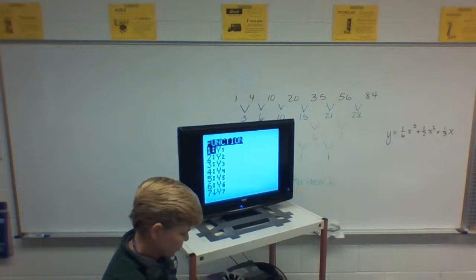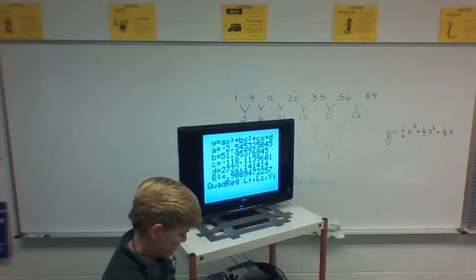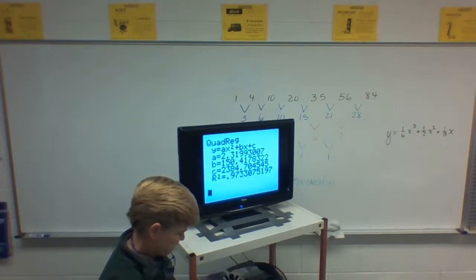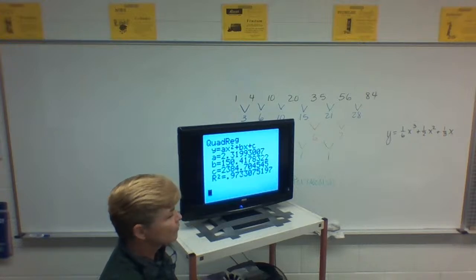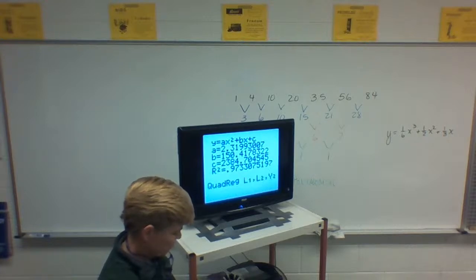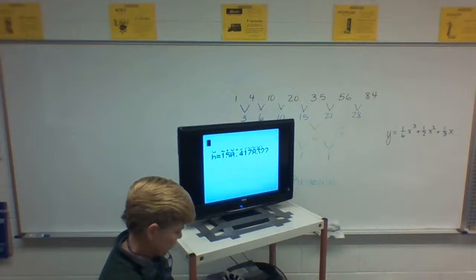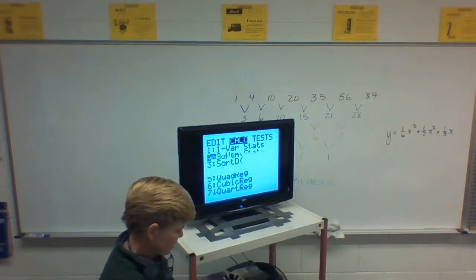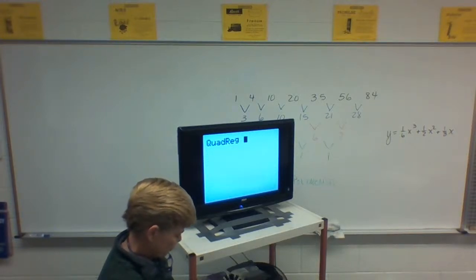Put it in Y2. Make sure you put it in Y2 or it'll overwrite Y1. How do you put it in Y2? When you do this quad reg, you go stat, calc, quad reg, and then you do your list 1 and list 2.